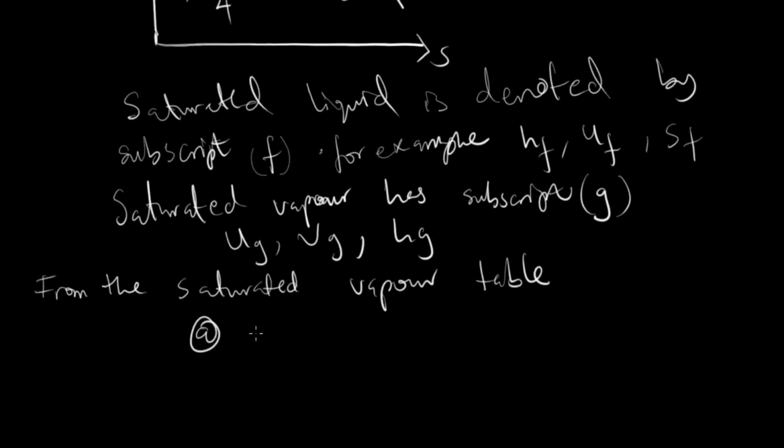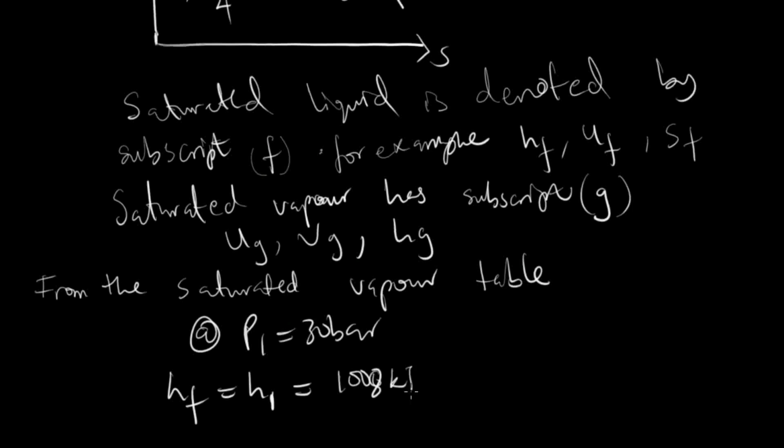So find your hf. hf is equal to h1, which is 1108 kilojoule per kilogram.